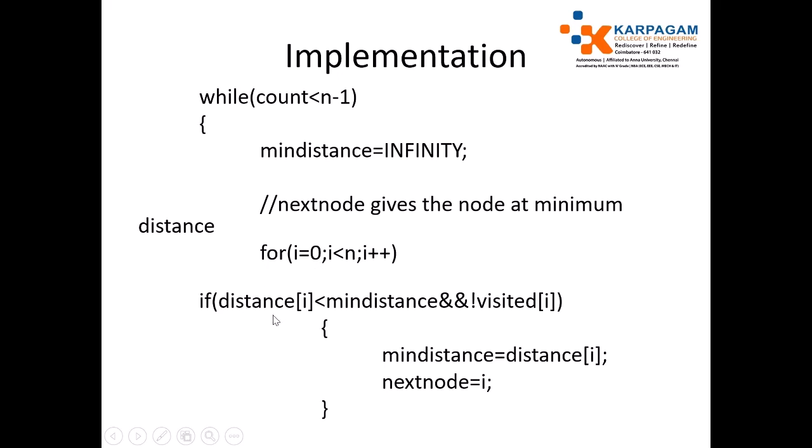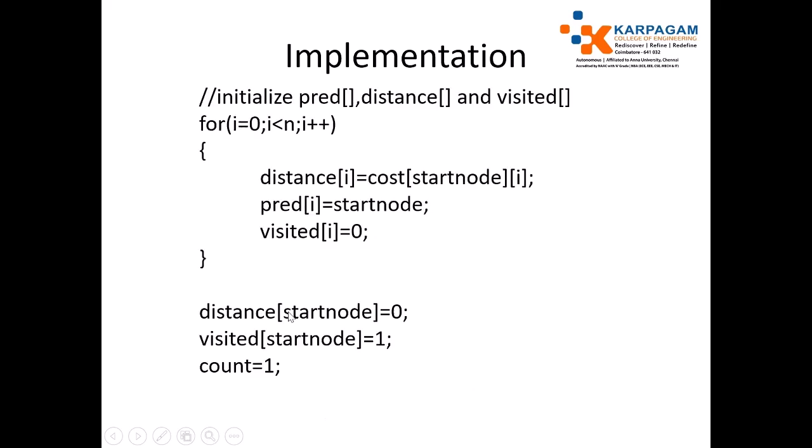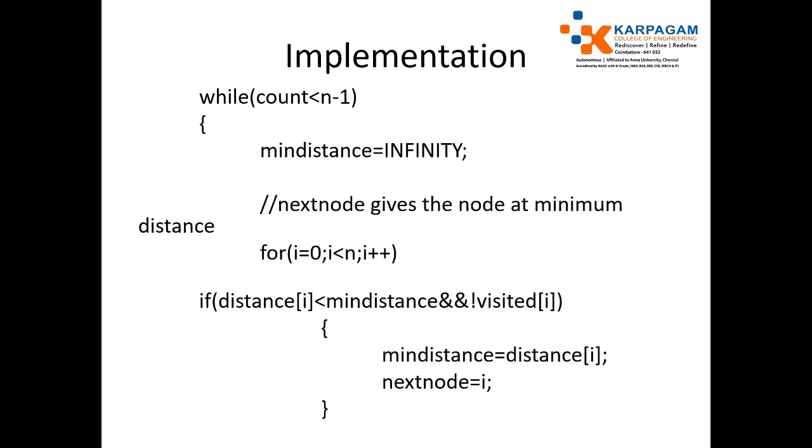The distance value is compared with the minimum distance. If it is less, and it has not visited that particular neighbor node, just record the minimum distance equal to distance and the next node equal to I. Next node means adjacent node.